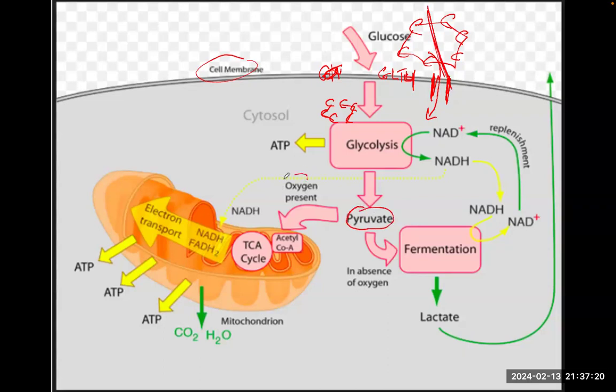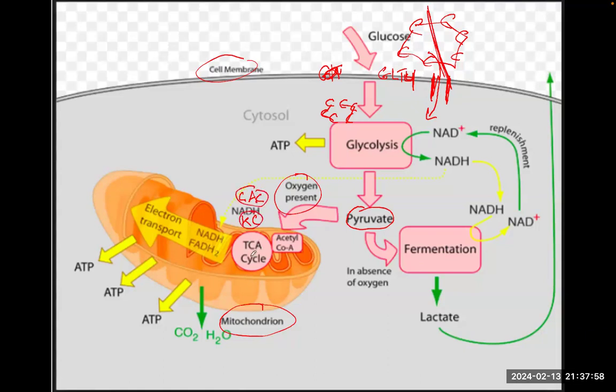And as long as oxygen is present, the pyruvate can enter into the mitochondria for the citric acid cycle. The citric acid cycle, or sometimes they call it the tricarboxylic acid cycle. Okay, so we will refer to this as either the Krebs cycle or the citric acid cycle.